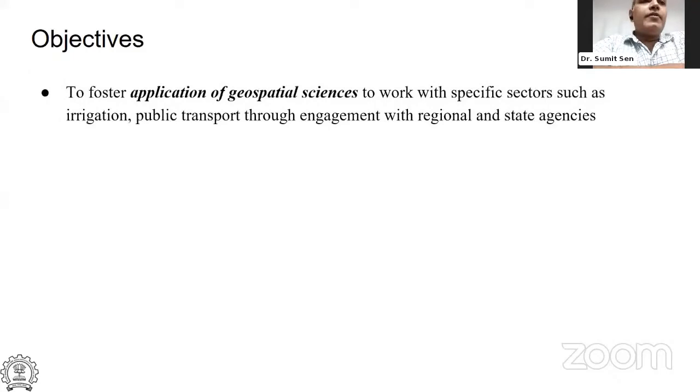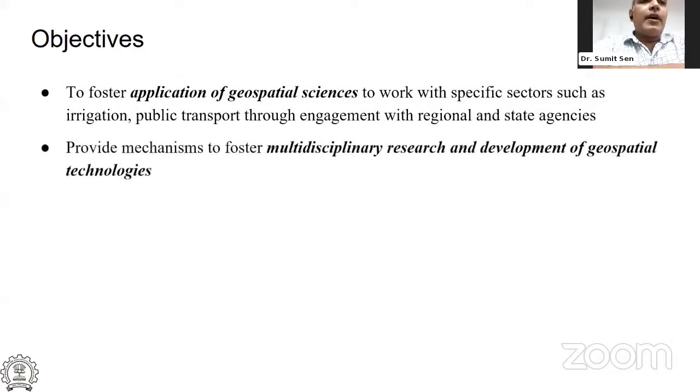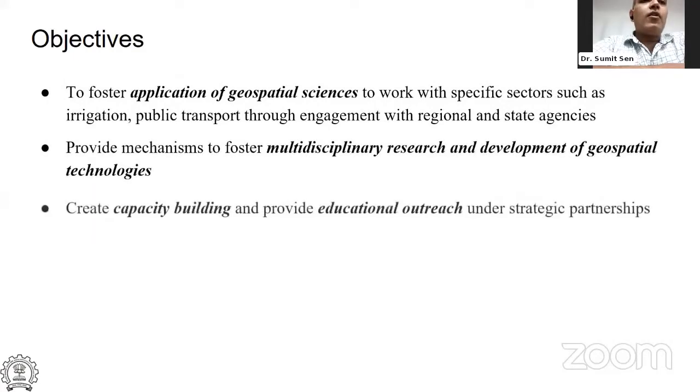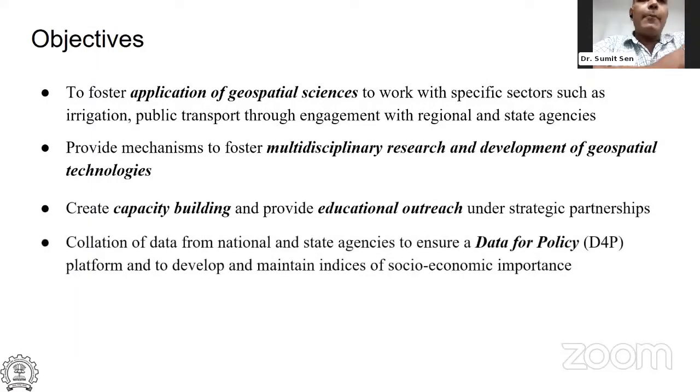So the objectives of the GIC hub are very important to understand. We are not looking for only multidisciplinary research. We want to foster application of geospatial sciences to work with specific sectors such as irrigation and public transport, through engagement with regional and state agencies. Of course, we are a central government funded body, but we also work with regional and state agencies.